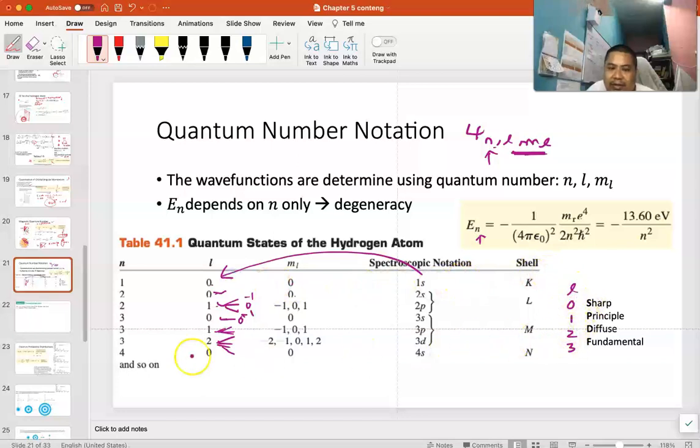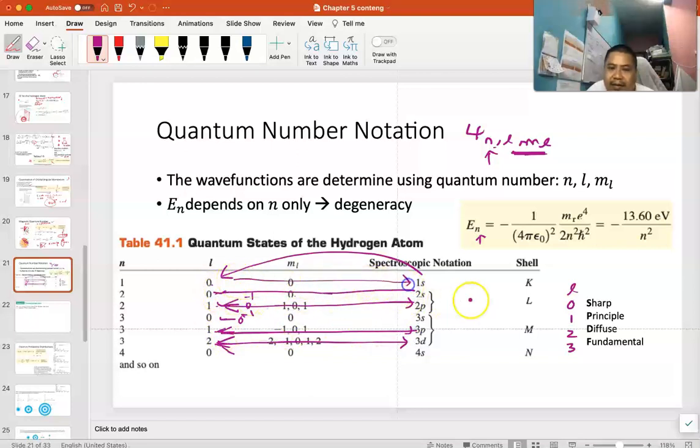Kalau L2, dia D. Kalau L1, dia ialah P. Dan L0 ialah S. Bagi setiap N tu, dia ada nama dia sendiri, which is N1 ialah shell K, N2, N3, N4. Shell ni dia punya kerangka lah, satu kawasan untuk diduduki oleh elektron. Kalau N1, N2, N3, N4, kawasan tu dah jadi makin banyak lah.